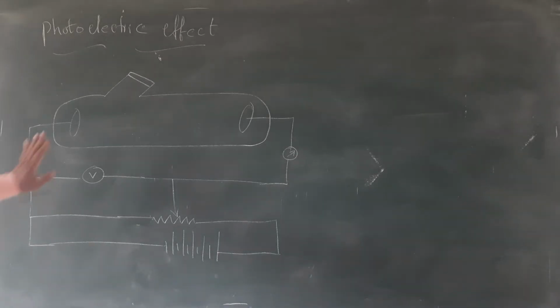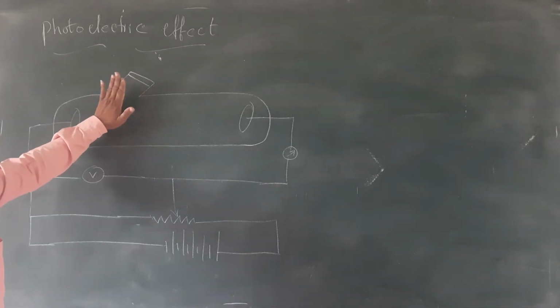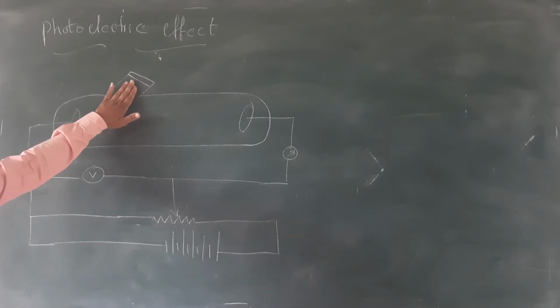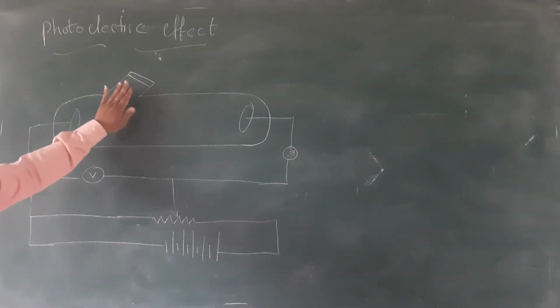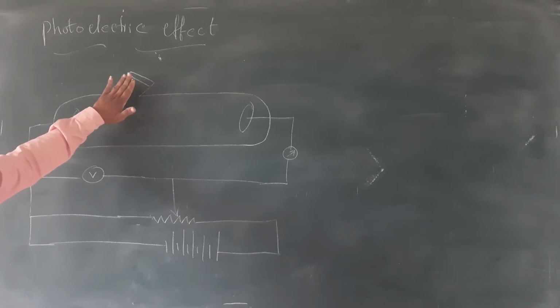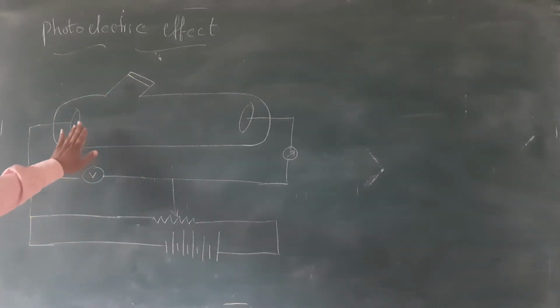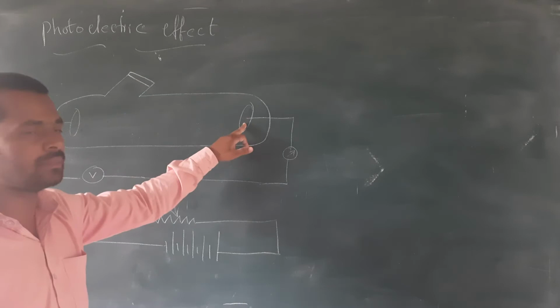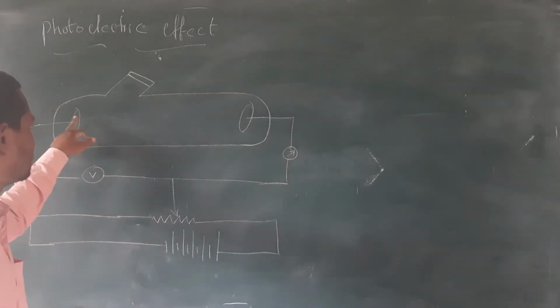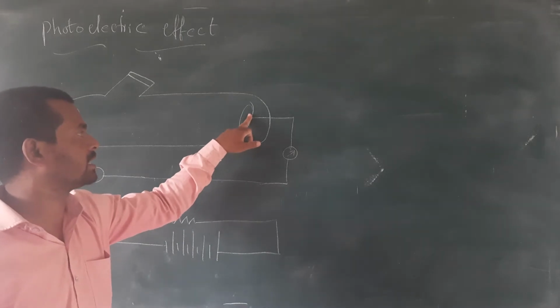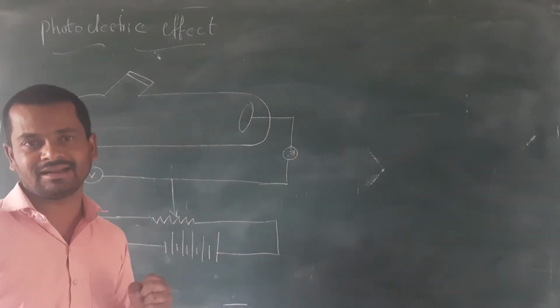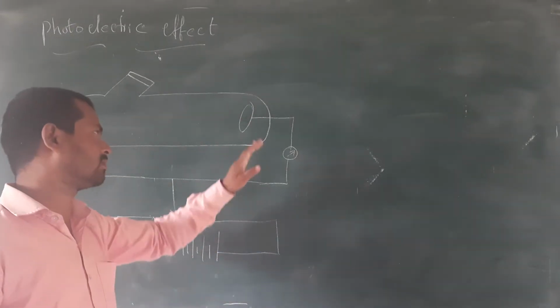And here is a place where the light can enter into this tube, so it is prepared in this manner at this point. It is one metal plate, and it is another metal plate. This metal plate can produce electrons, and this metal plate can collect or attract the electrons.